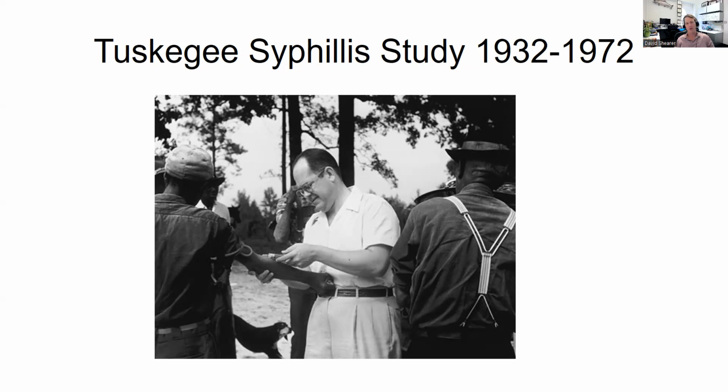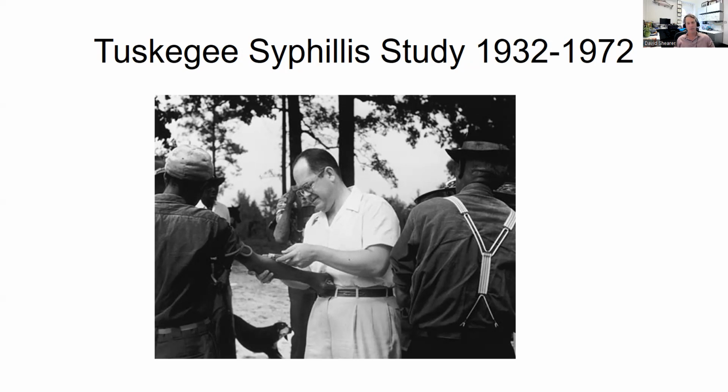But it's something I think everyone should know about, because I think it's a powerful example of research gone bad. This study went on over 40 years. It took place in a predominantly African-American part of the United States.